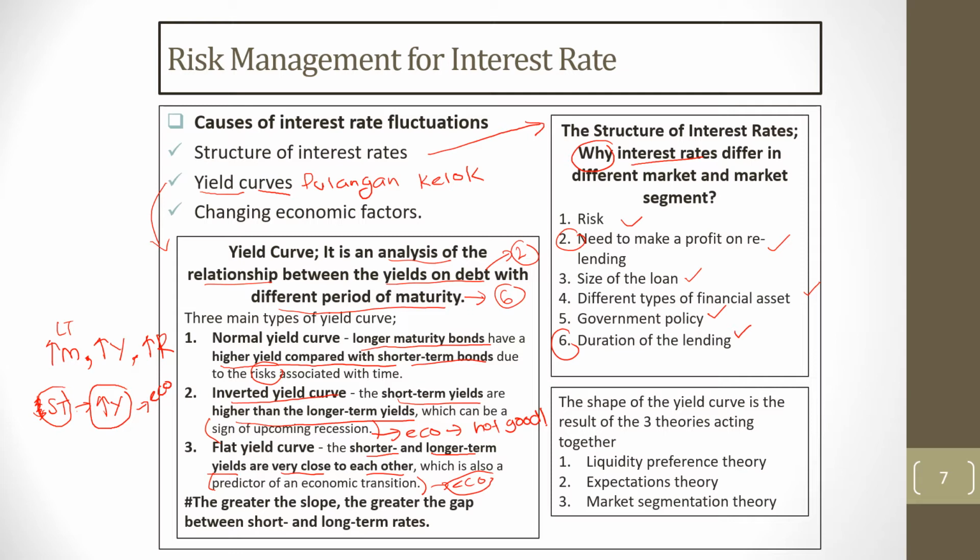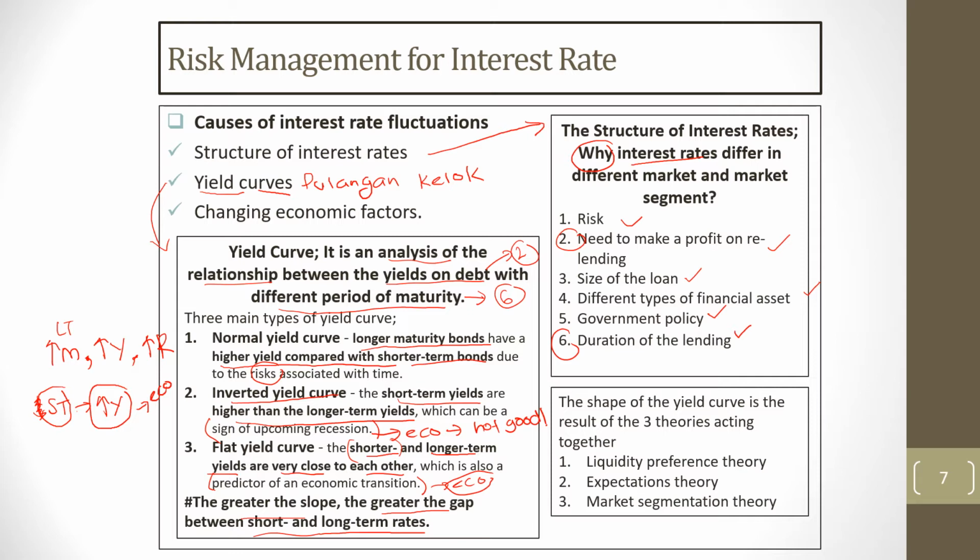Dalam flat yield curve dia ada dua curve, satu shorter dan satu longer. So nanti kita akan tengok macam mana yang dia kata are very close to each other. Okay, so the greater the slope, the greater the gap between short and long term rates. Ini yang kita dapat conclude.